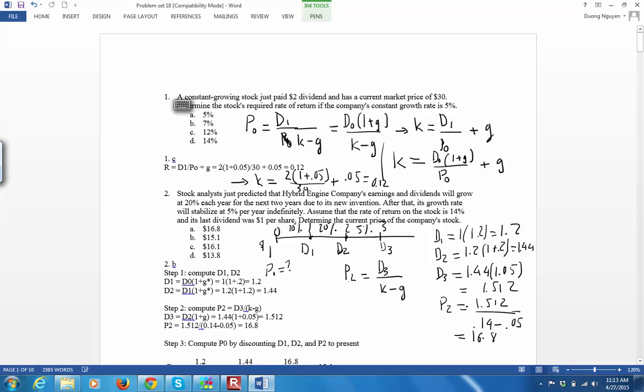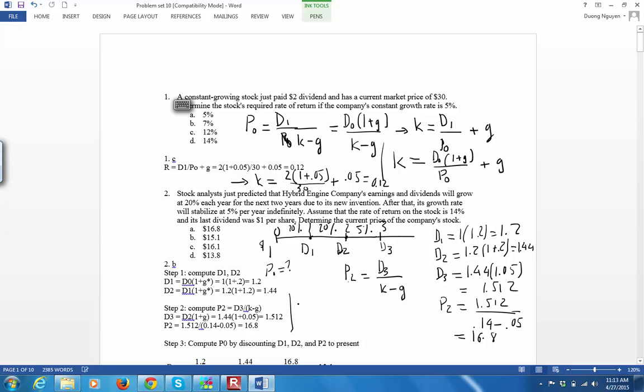This is equal to 16.8. Now, the question is not asking for the price in 2 years. It is asking how much the price is today. So the price today is simply the present value of the dividend in year 1, the dividend in year 2, and the price in year 2.